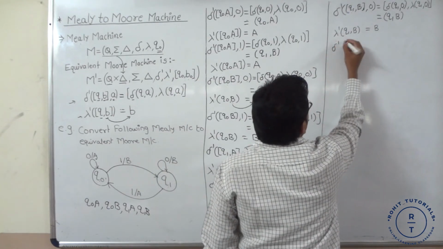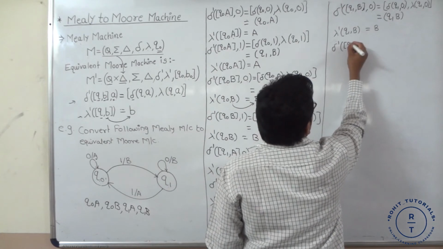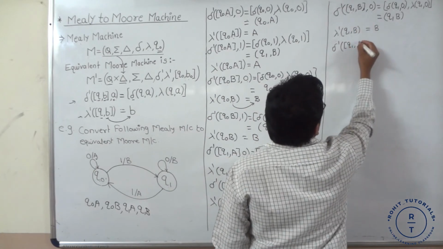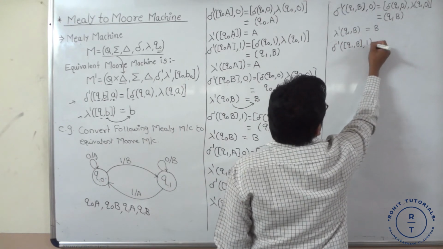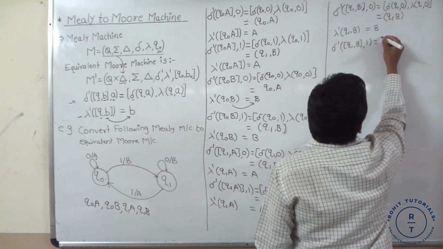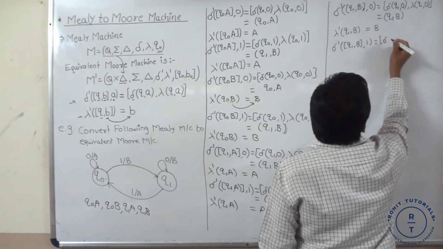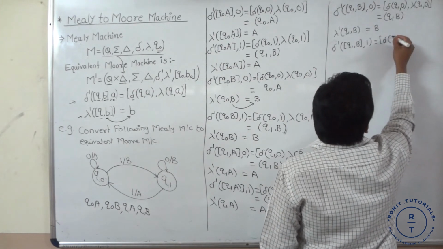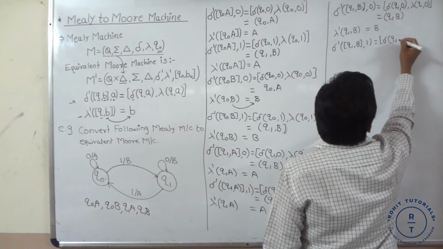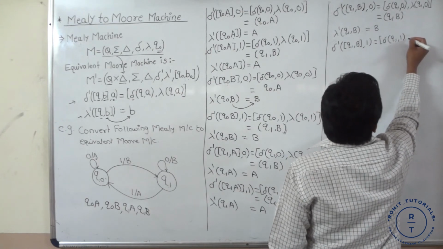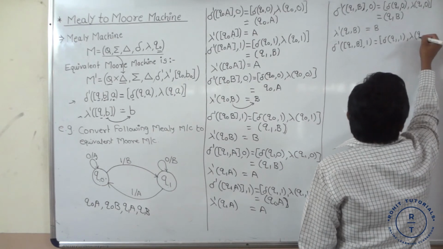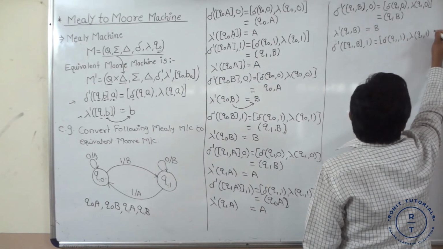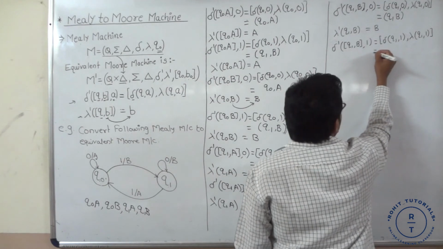Now the transition function for Q1 state, with input 1: the transition function of Q1 state, input 1, bracket complete.